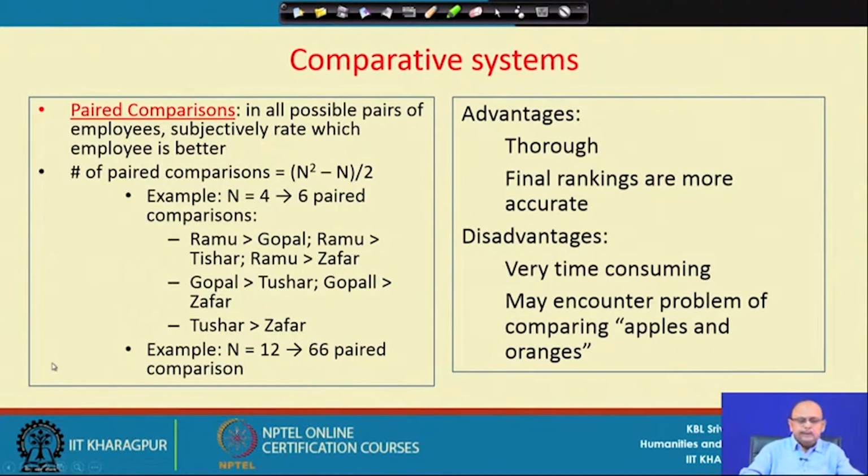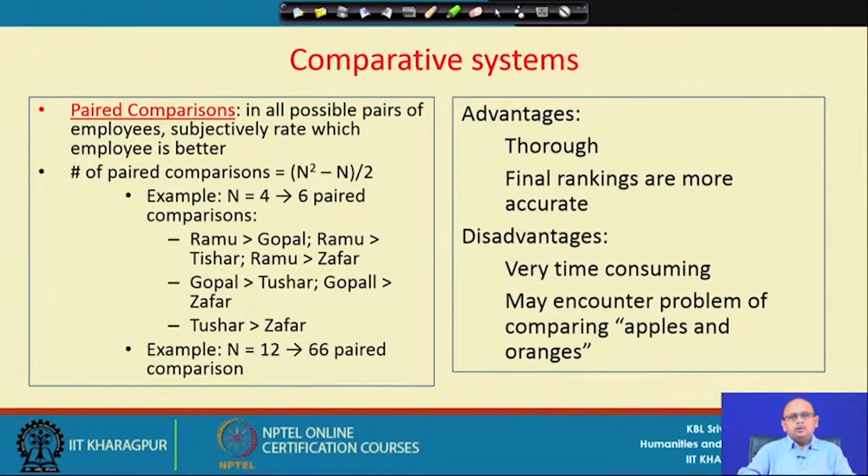The third one is paired comparison. So, what happens in paired comparison? Suppose there are 5 people. You compare everyone with each other. If you look at the previous example, Ramu, Gopal, Tushar, Jafar, all of them are going to be compared with each other.